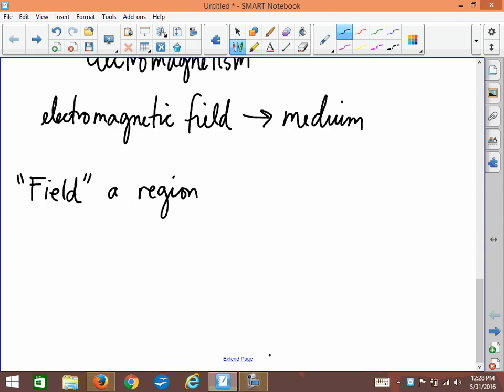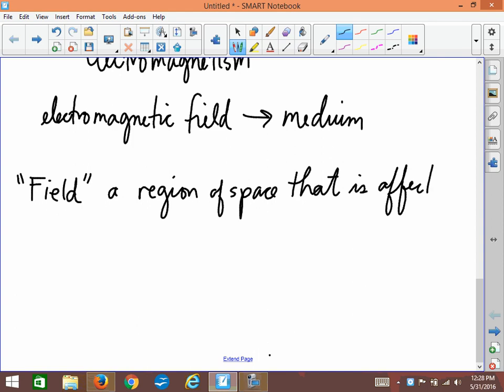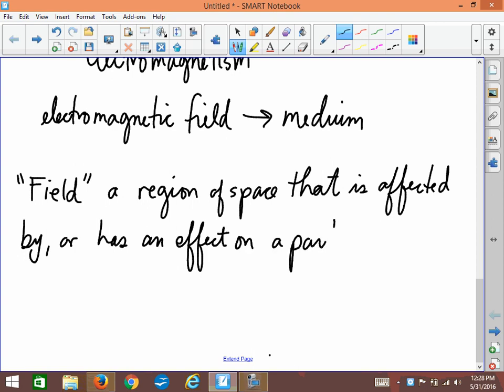A region of space that is affected by, affected, the verb is affect, or has an effect, that's the noun, an effect on a particular property. That's the way I like to define it anyway. There are lots of definitions, but that one seems to work.